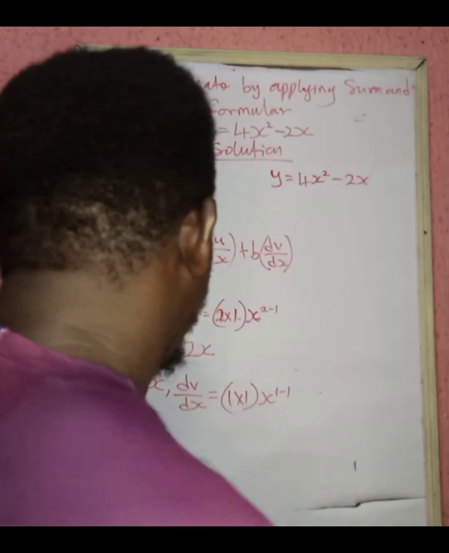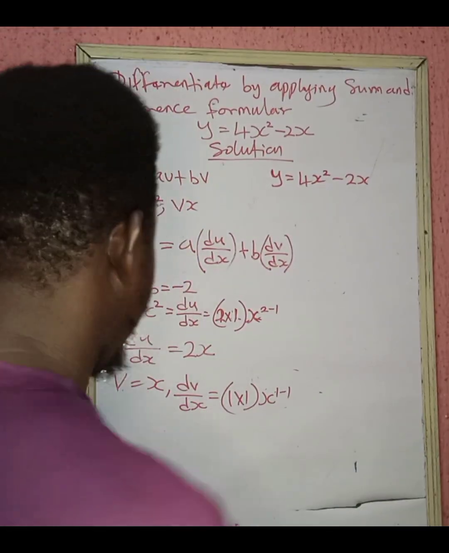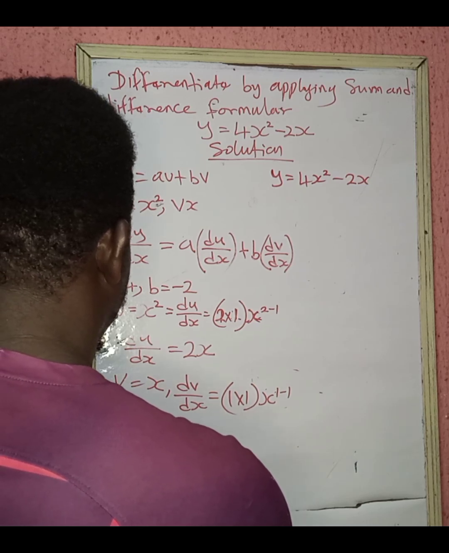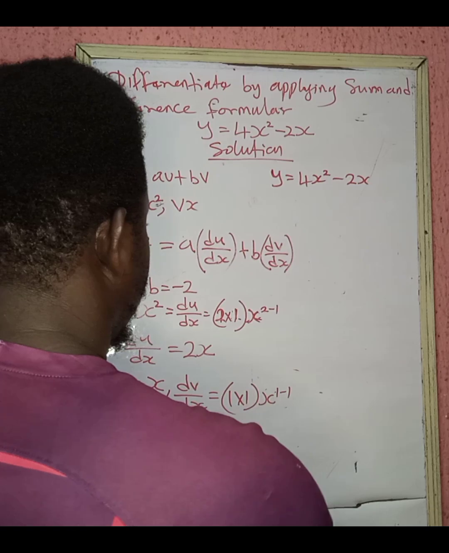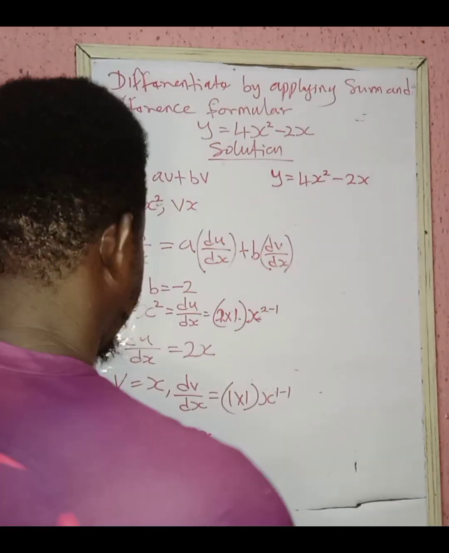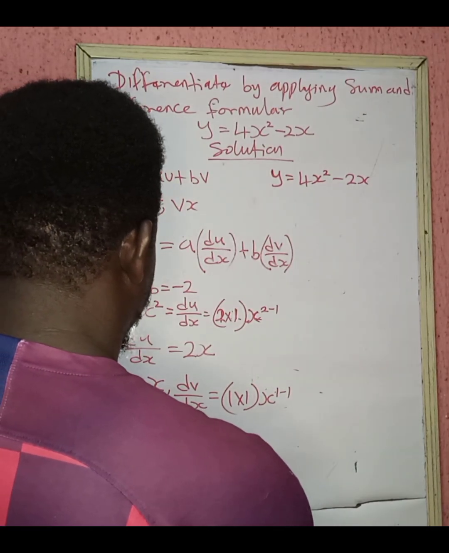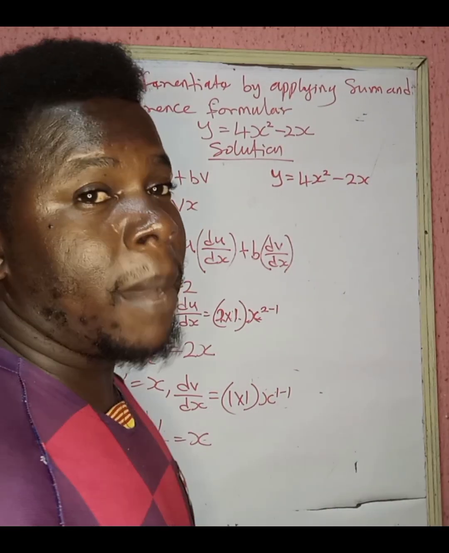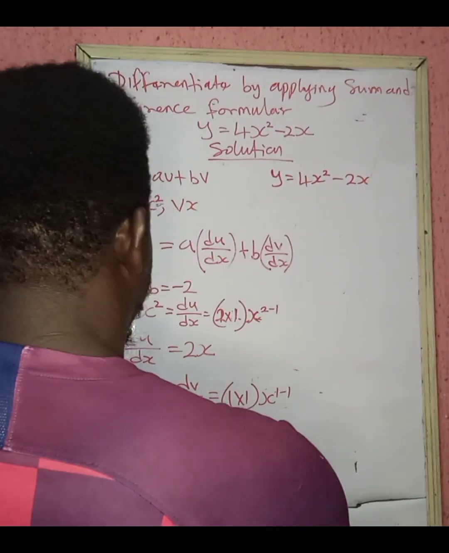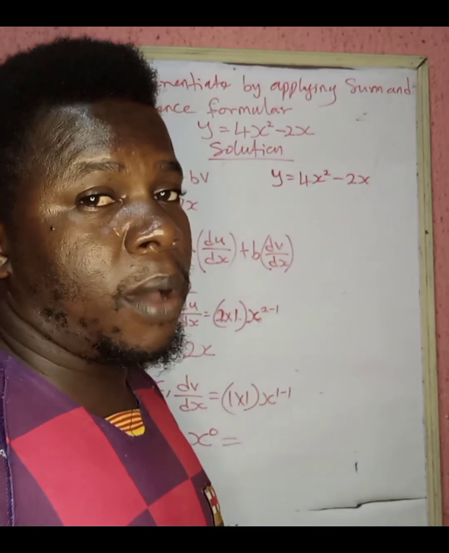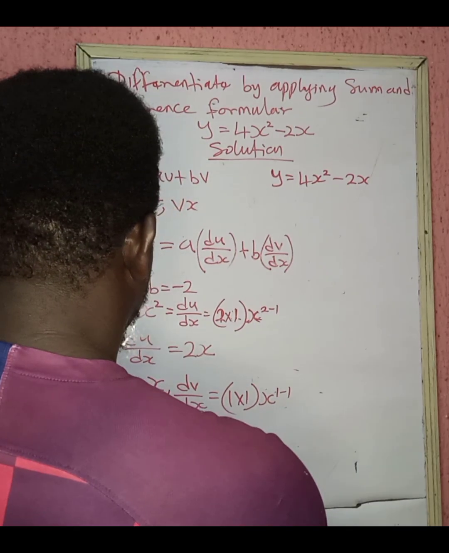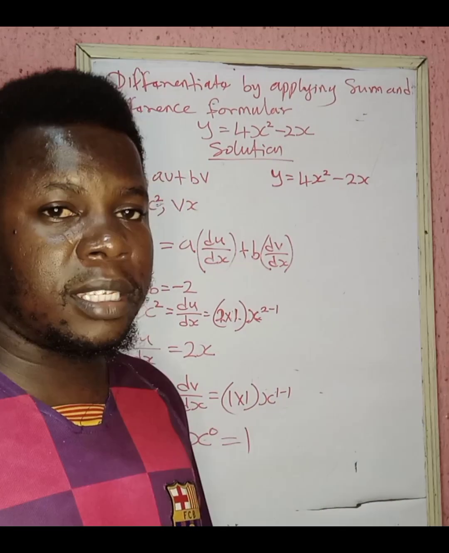So we have 1 times 1 is 1, and dv over dx is equal to 1 times x. 1 minus 1 is 0, and remember, anything to the power 0 is just 1. So that means our dv over dx is equal to 1.